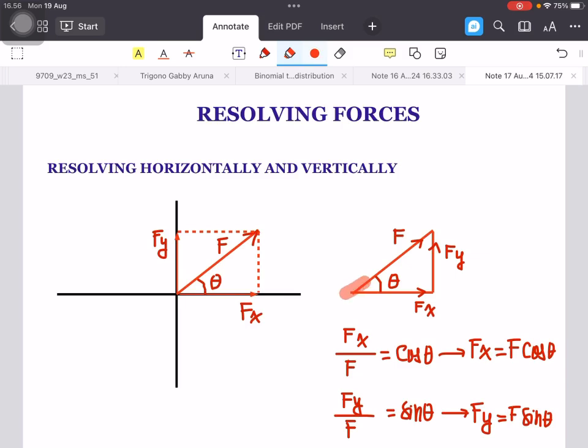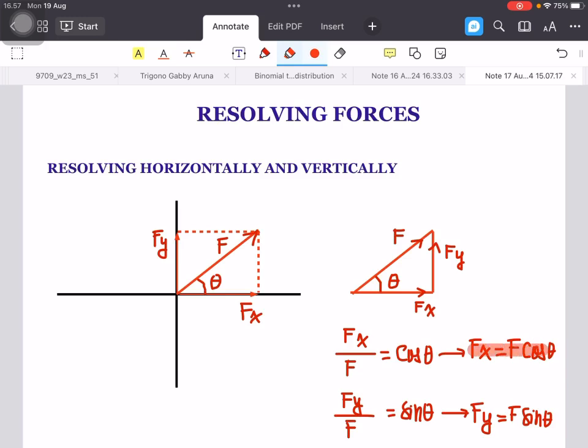So according to this diagram, x is the adjacent side. So in order to find Fx, we can use trigonometry. Fx over F, where F is the hypotenuse, is equal to cos theta.